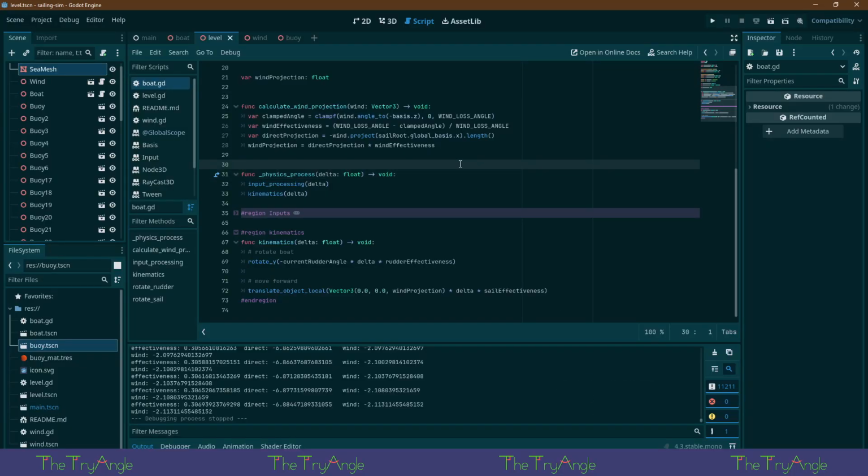It's not perfect. We've got our sail. Almost makes me think maybe we should let it push backwards.